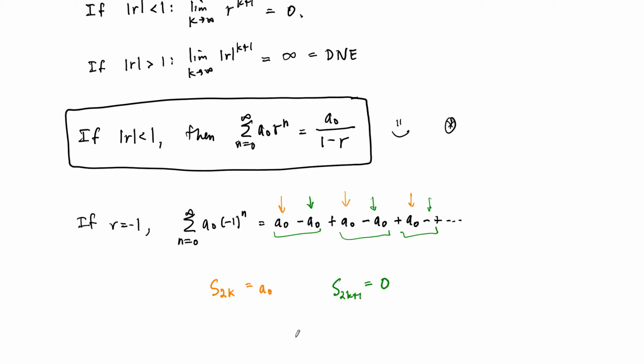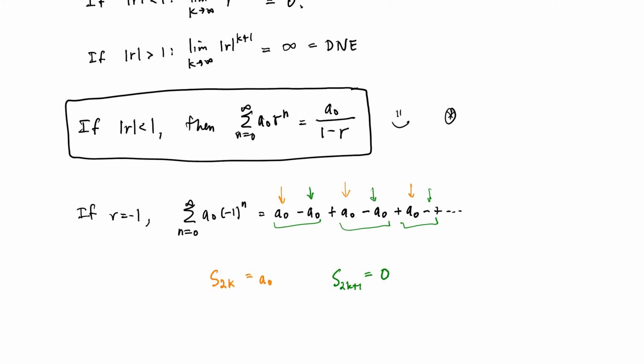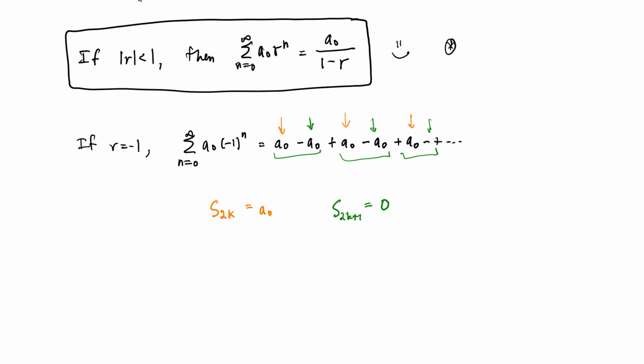And as long as your a naught is not 0, which by the way, if a naught is 0, then all of this argument was kind of pointless because everything is 0 at that point, right? If a naught is not 0, then there's no way that this sequence of partial sums can converge. And so in this case, our series itself is also divergent. Divergent just means that it does not converge, does not add up to a finite number.